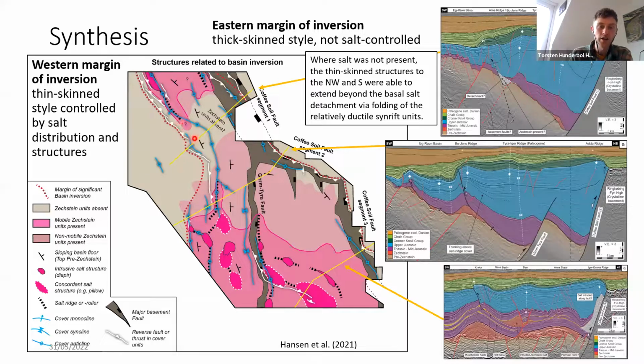They were simply able to reach across this area with no salt, especially given that it's all soft. It's shales, maybe even with some considerable overpressure at the time, that allowed the whole thing to be squashed together, and these thin-skinned structural trends could reach across this gap in the Sextine fault.